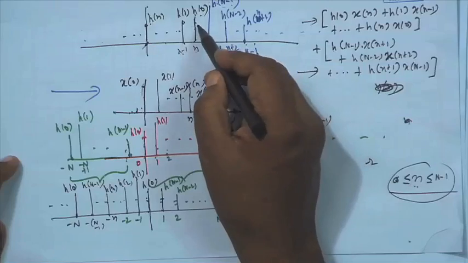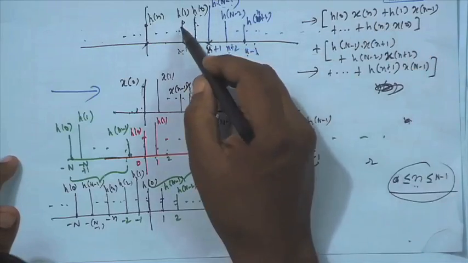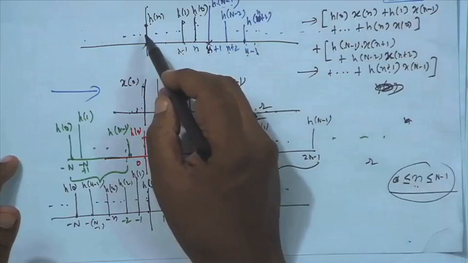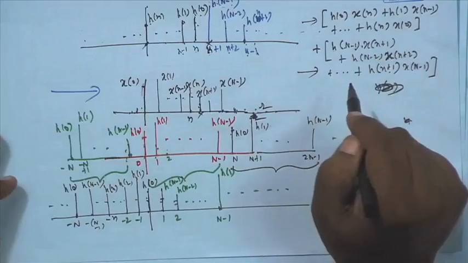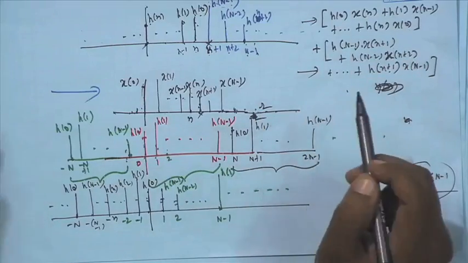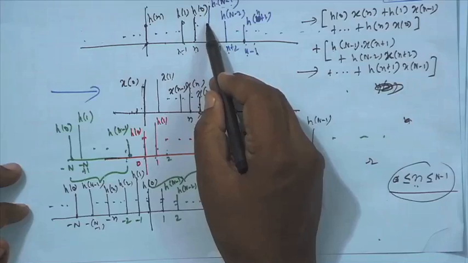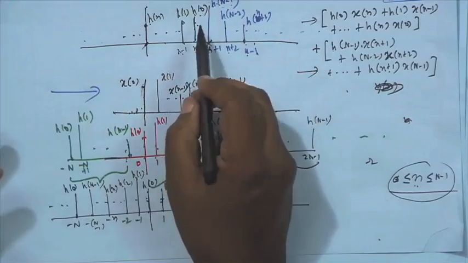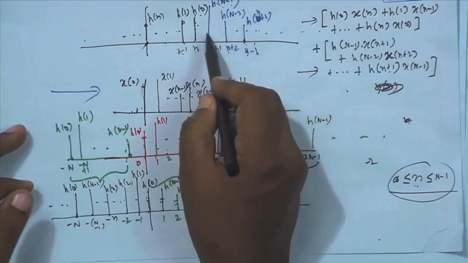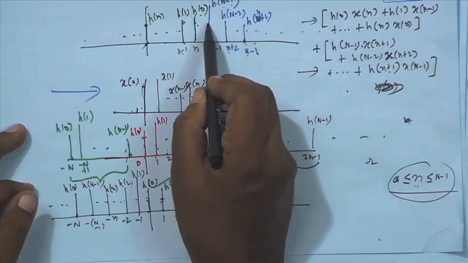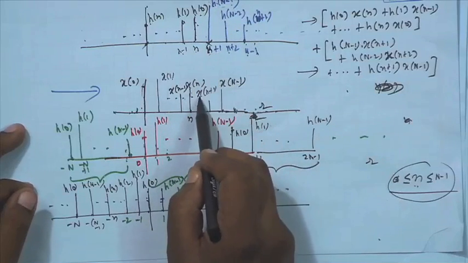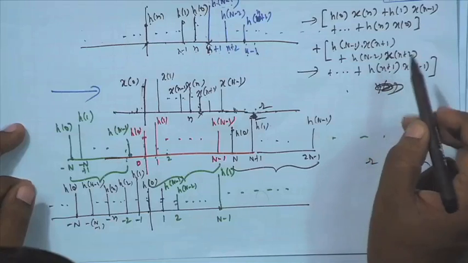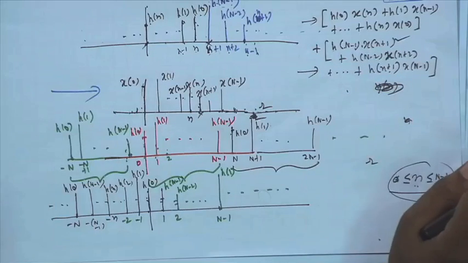Now if you multiply, h0 into x[n] is present, h1 into x[n minus 1] is present, and so on, h[n] into x0 is present. That is the linear convolution part you have seen, and that additional term you also get: h of capital N minus 1, because this is periodic. After h0 comes the trail of the next period, so h of capital N minus 1 comes at index n plus 1, and that multiplies x[n plus 1], which you get here, and we verify it.